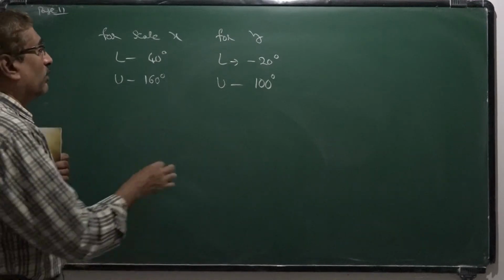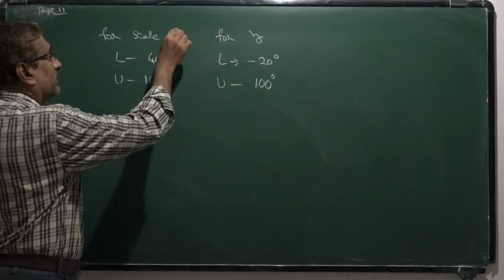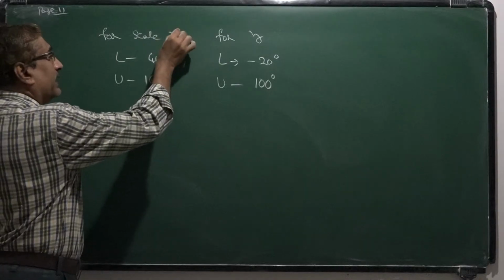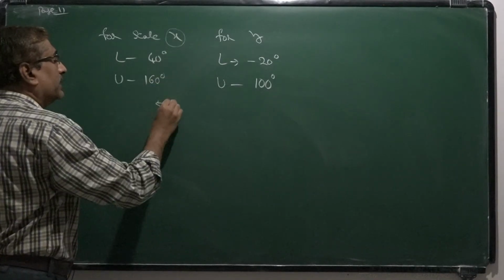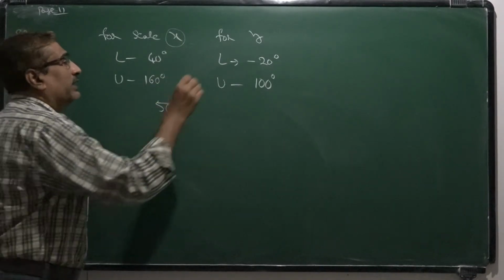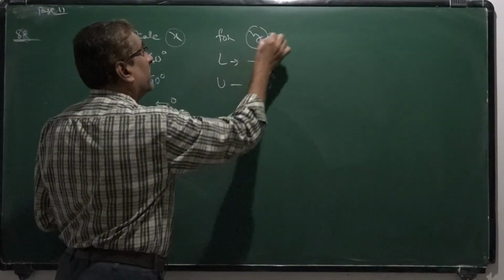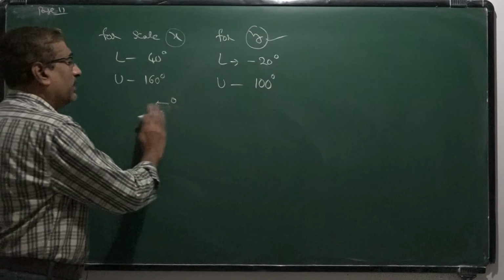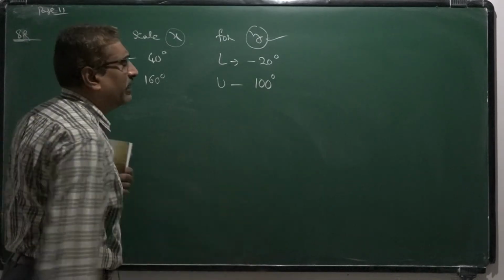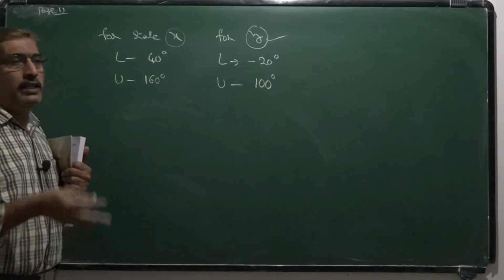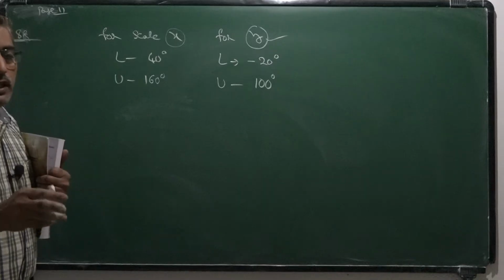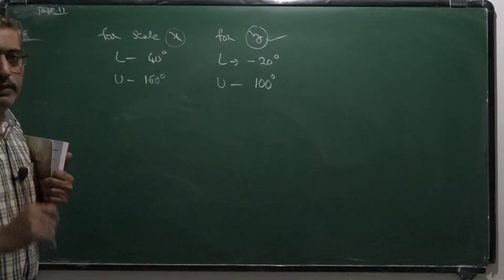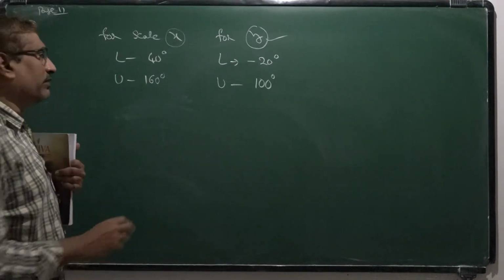Okay. Now if the temperature as shown by this scale X is 50 degree, then what is the corresponding reading in the scale Y? So as you know this formula, for any scale, for any conversion, we have to use the same formula. Given reading minus LFP, lower fixed point, by upper fixed point minus lower fixed point.